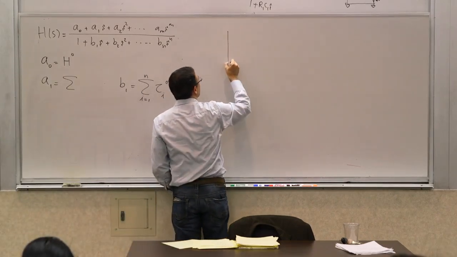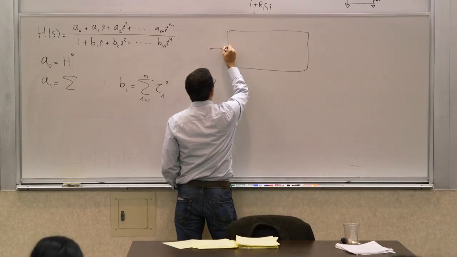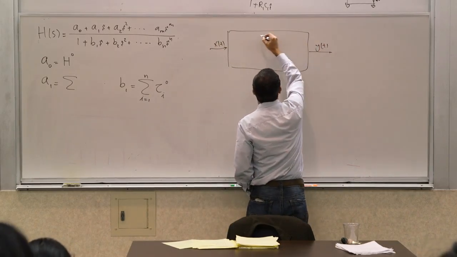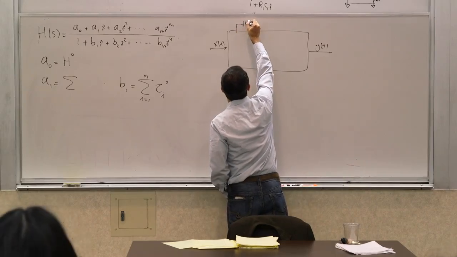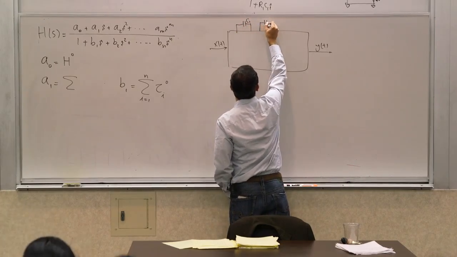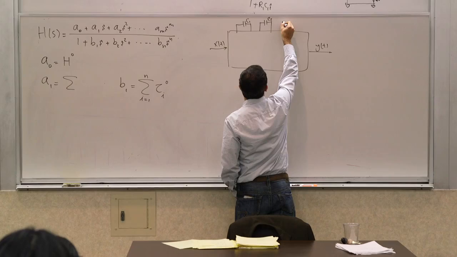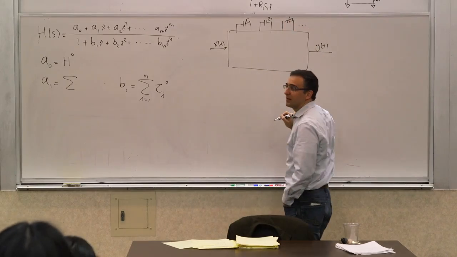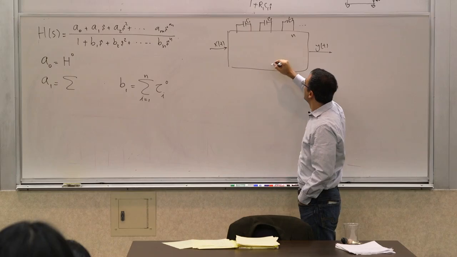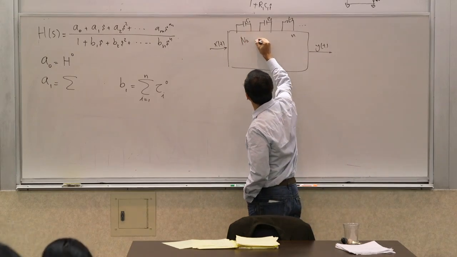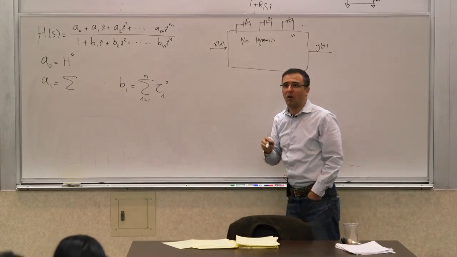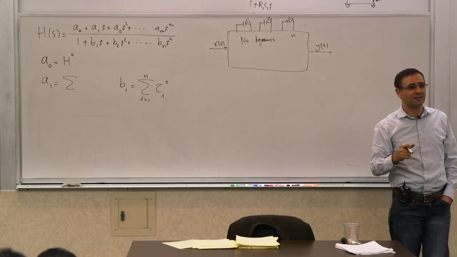So this is really for a system to think about x of t and y of t, where it has n independent energy storage elements. C2 could be L3, and so on and so forth. So there are n of them, and this has no dynamics inside.